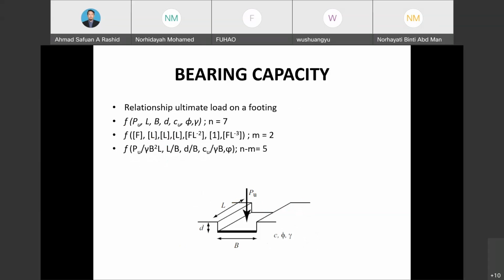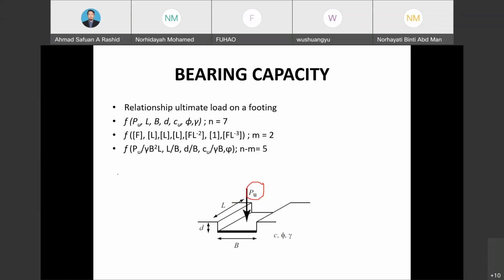Then we have another one we call bearing capacity. In the bearing capacity, we have here Pu as the output. Pu is the ultimate load.